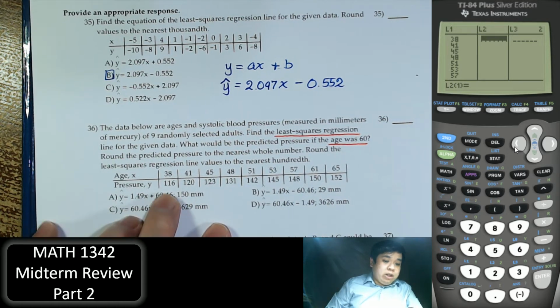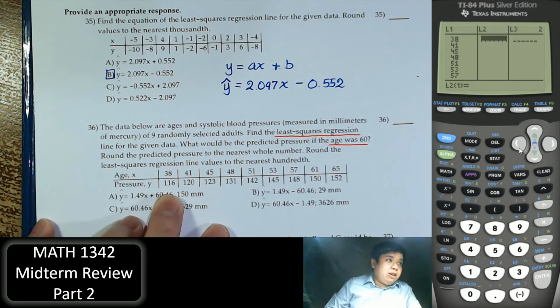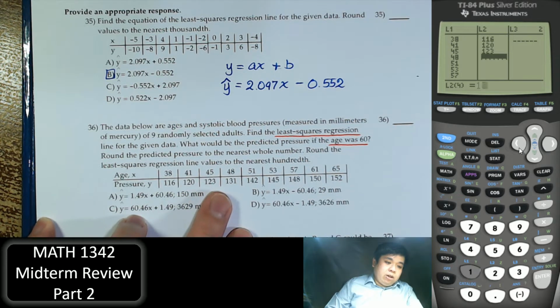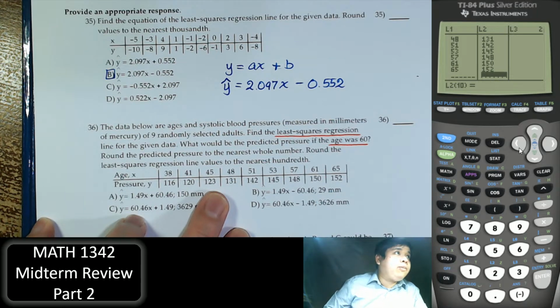I type this with the keyboard, so that's faster than typing. 116, 120, 123, 131, 142, 145, 148, 150, 152. Right.